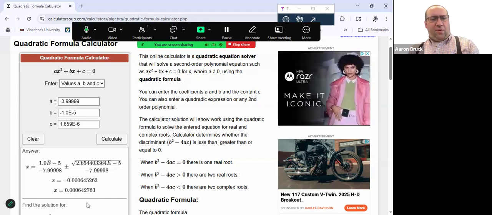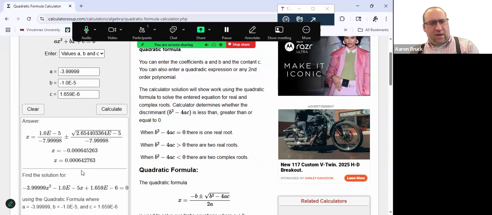And so we throw that in there and we get 6.4 times 10 to the negative fourth, which is also what we got through the quadratic equation.